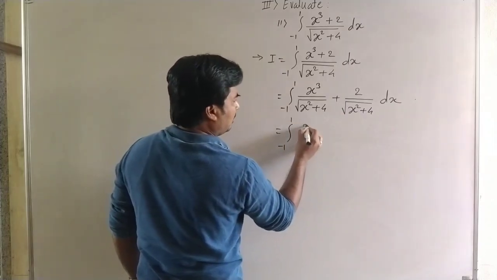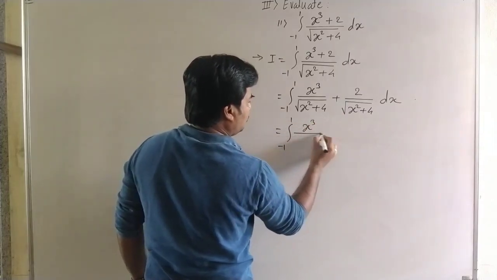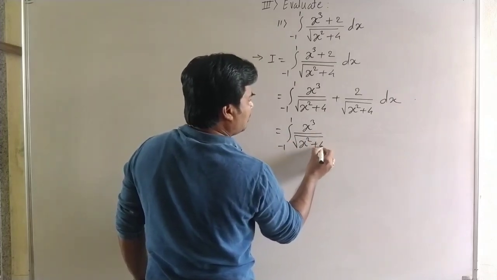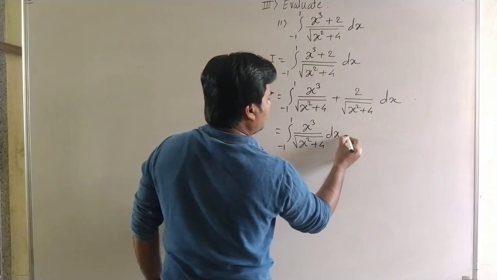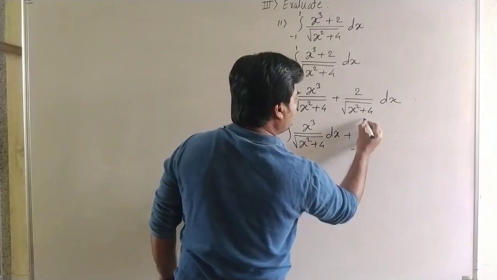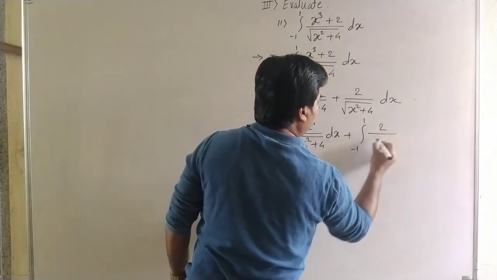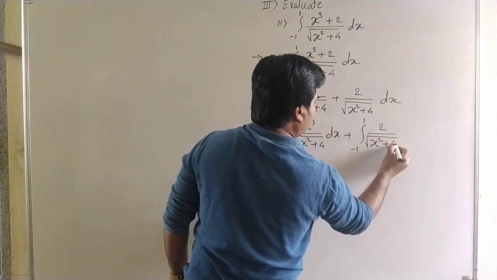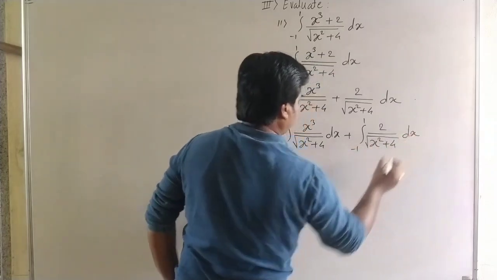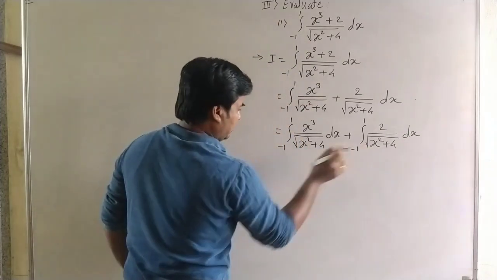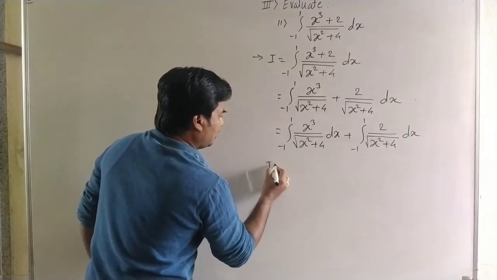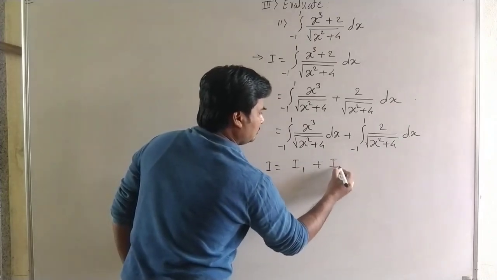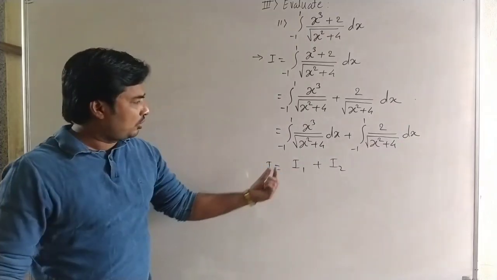Integral from minus 1 to 1 of x cube upon under root of x square plus 4 dx plus integral from minus 1 to 1 of 2 upon under root of x square plus 4 dx. Now see carefully, it is integral 1 and it is integral 2. Therefore, let I is equal to I1 plus I2. Now we solve one by one.